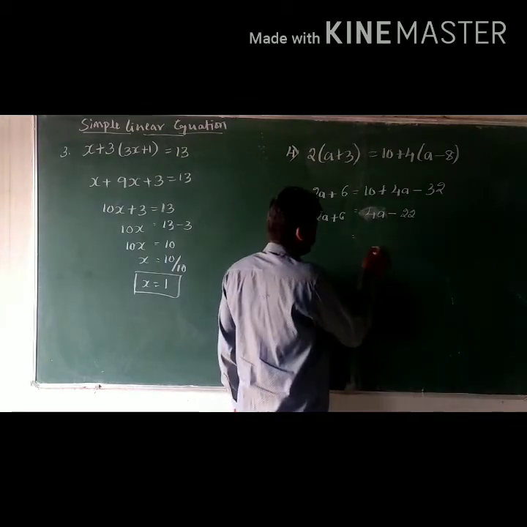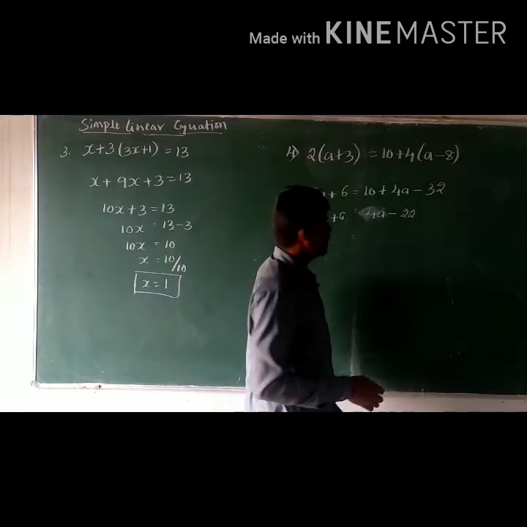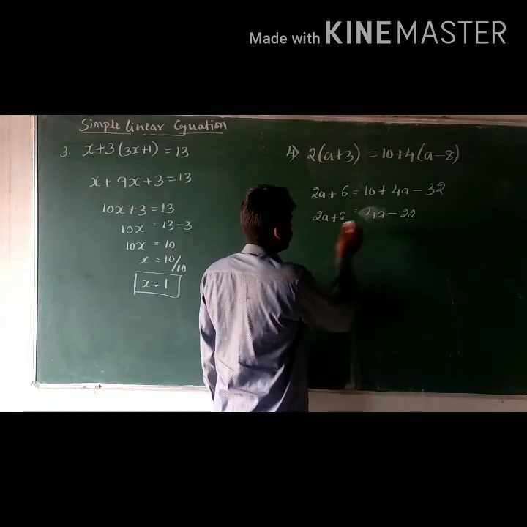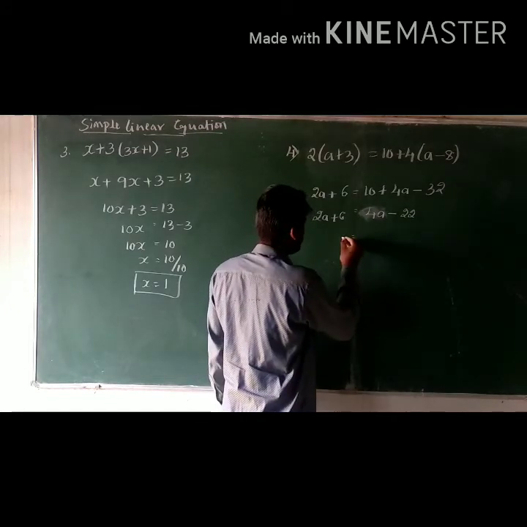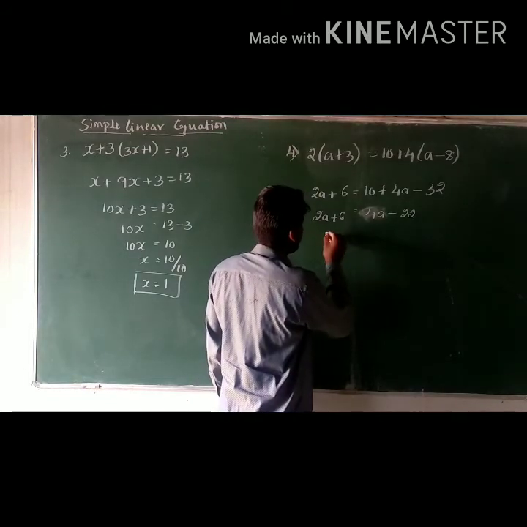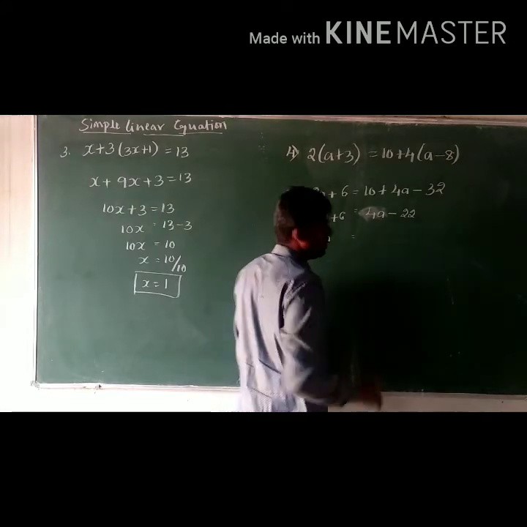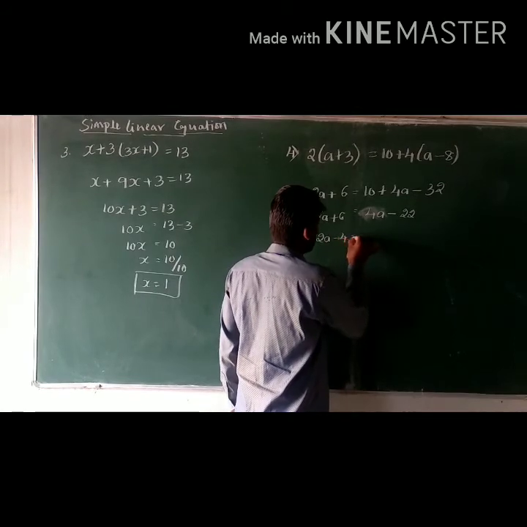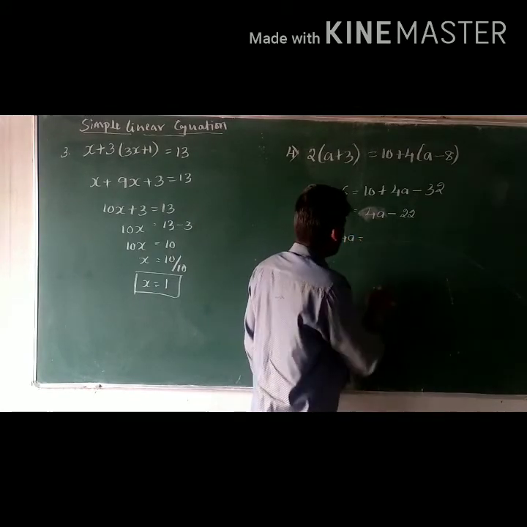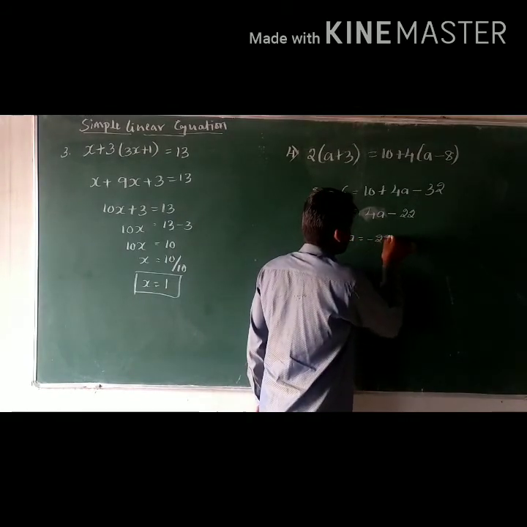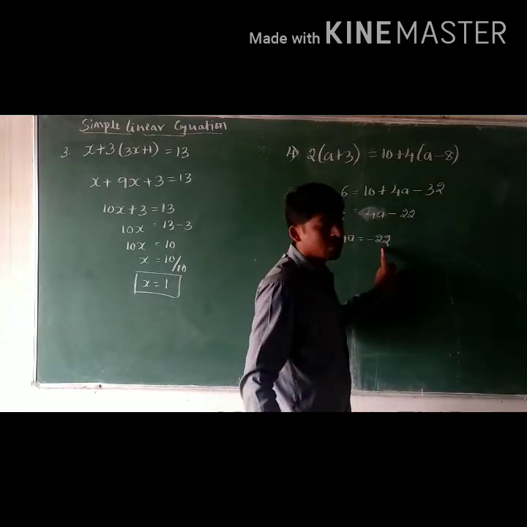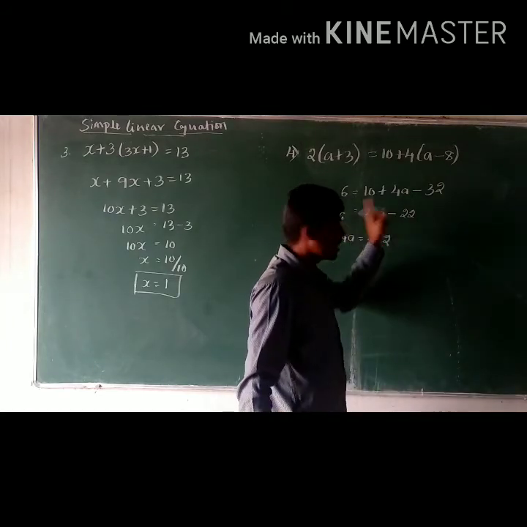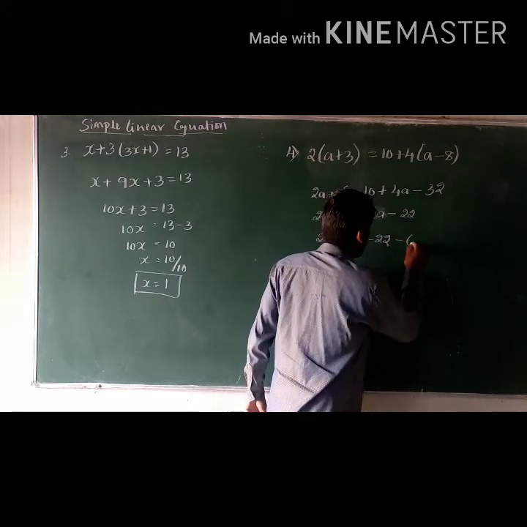Next we take 2a. This can be transferred to this side, minus 4a is equal to minus 22. This plus 6 transferred to this side should be minus 6.